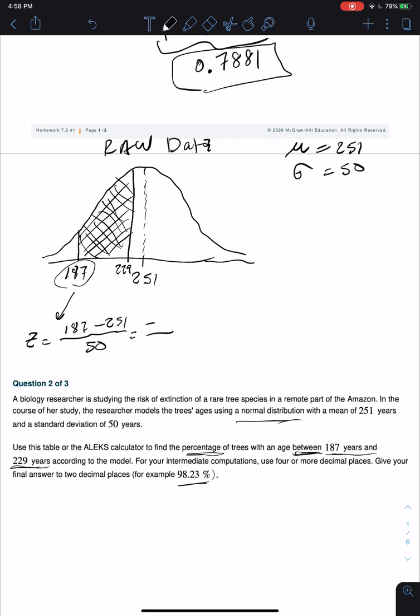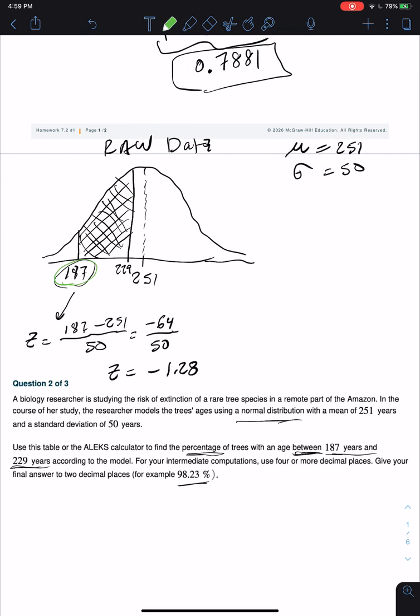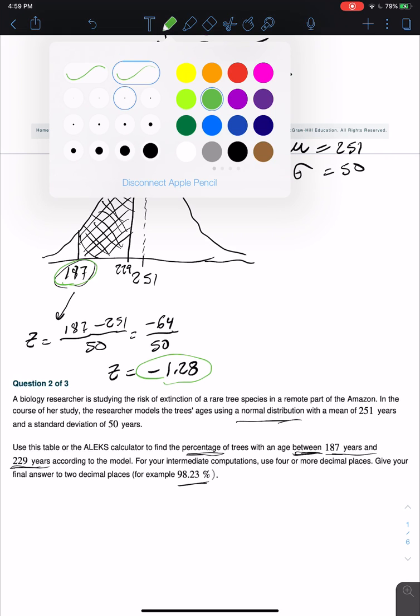A negative 64 over 50, which gives us a z-score of negative 1.28. So that negative 1.28, let me use some color just to really drive home what's connected here. The raw score of 187 years is going to convert on our standard normal as a negative 1.28. Okay, let's do this one in red.